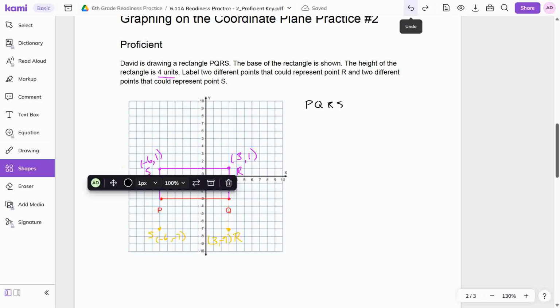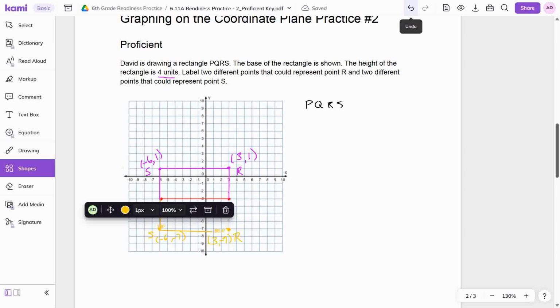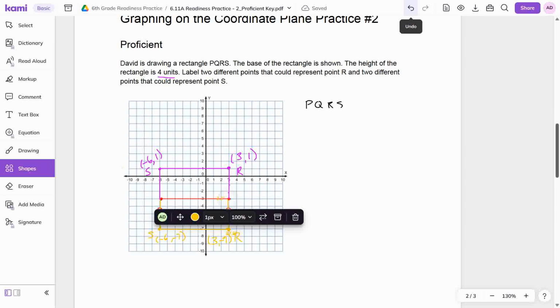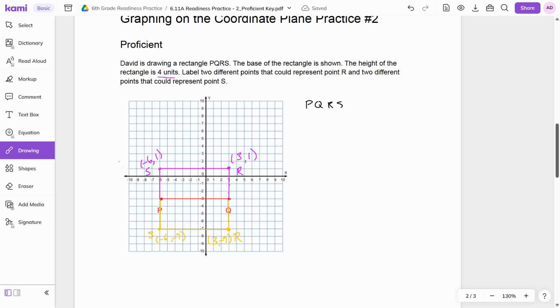Let's make that one a little bit better for that P to the S. There we go. And then we're going to do the same thing with my R up to my Q. And there we go. So two different options, for whether the height is going to be 4 going up or 4 going down, because both of those will get you that height of 4 that we are looking for in our problem.